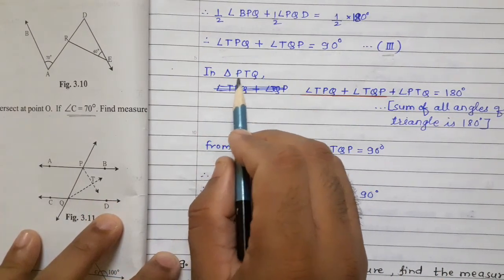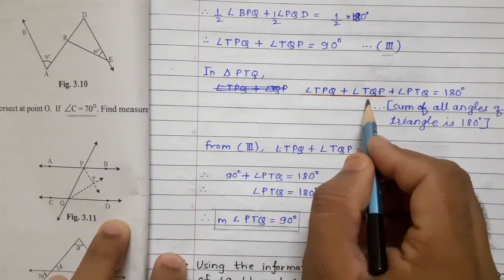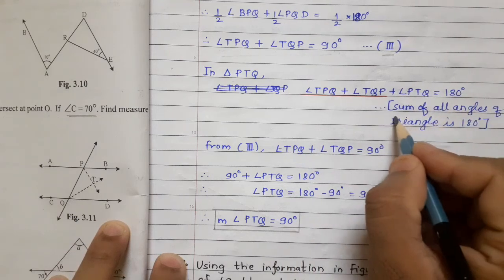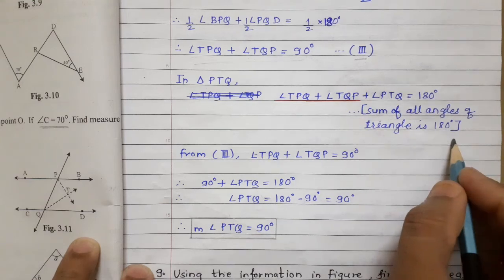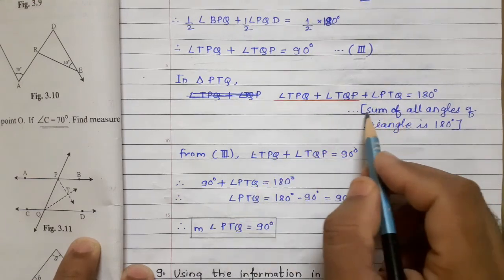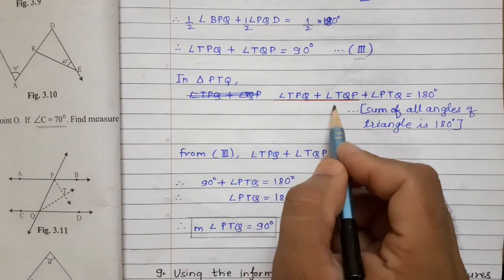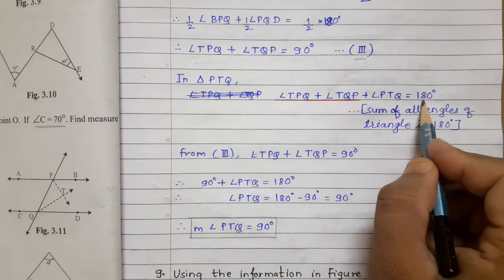So in triangle PTQ we can write angle TPQ plus angle TQP plus angle PTQ is equal to 180 degrees, and the reason is the sum of all angles of a triangle is 180 degrees.